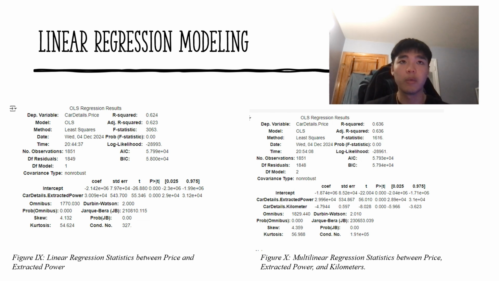From the multilinear regression model, we found that the t value for the car extracted power increased to 56.010, and the t-stat value of the car details kilometer is negative 8.028. So these models show that the extracted power and kilometers are statistically significant in affecting the prices of cars.